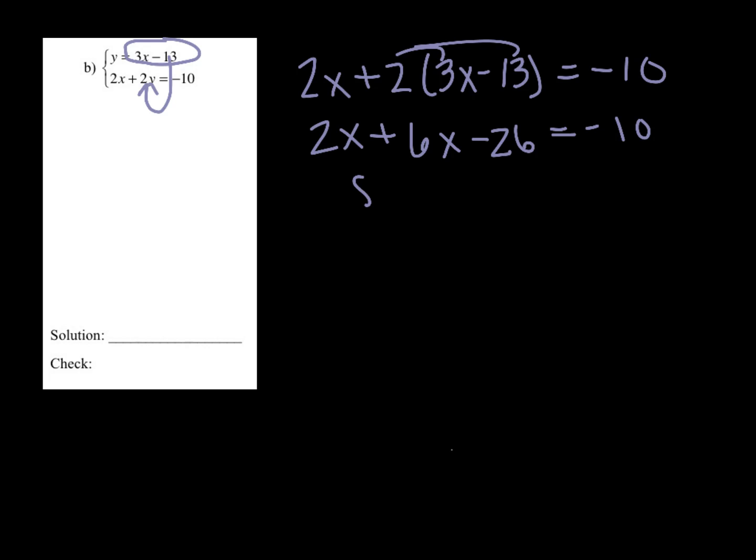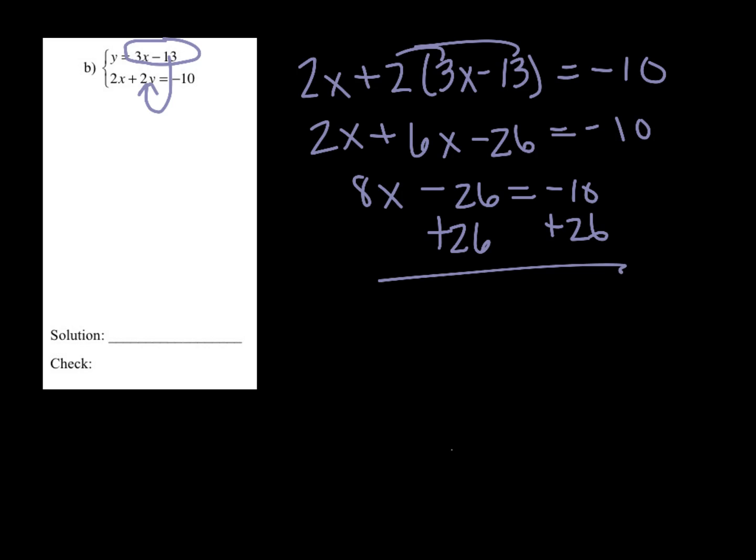Combine your x terms, 2x plus 6x. Add the 26, and divide by 8. And x is equal to 2.